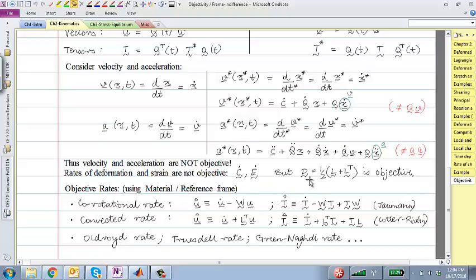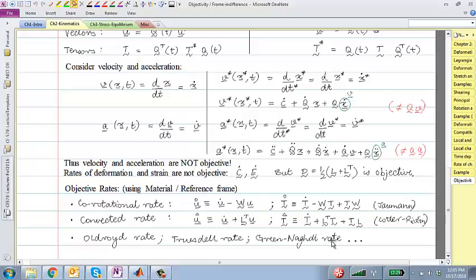This d, the rate of deformation tensor that we talked about, happens to be objective. There are lots of other rates, co-rotational rate or convected rate, and lots of different types of rates that people have come up with, that if you compute rate in that manner, then any two observers observing the same vector or the rate of change of that vector will come up with two quantities that do correlate with that Q tensor.